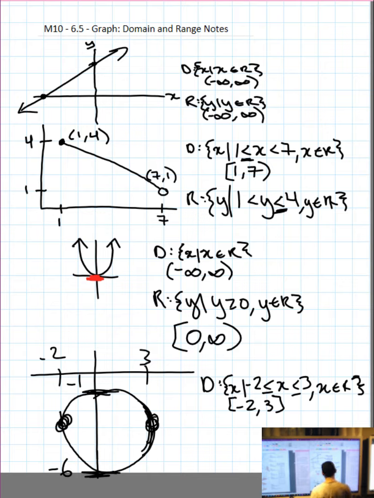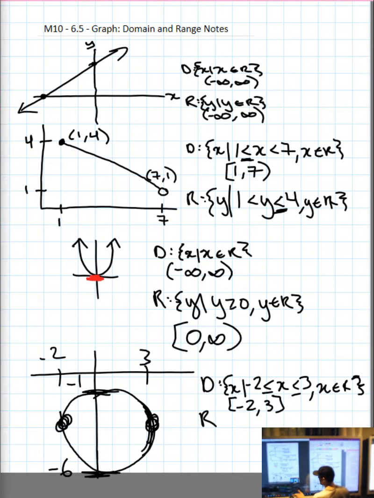Those are not points. Those are domains and range. So this time the range goes from -1 to -6. So I say -6 is less than y is less than -1.